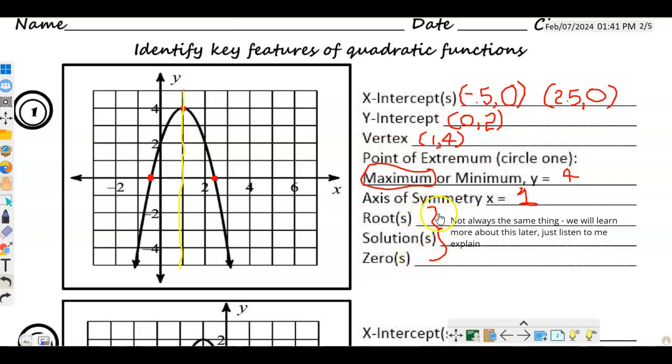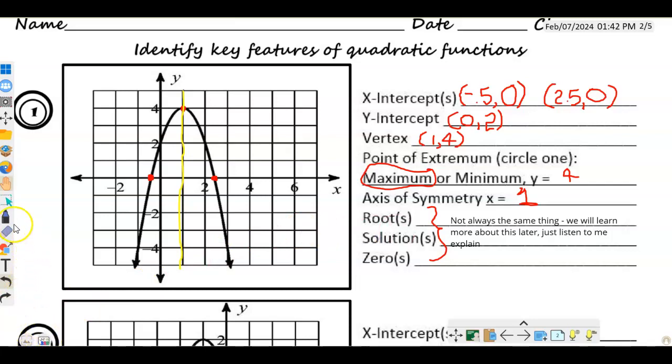If your graph crosses the x-axis, then you're going to write these 2 points in these blanks, because the solution of a quadratic happens to be the place where y equals 0, which can be known as a zero of a function or a root.